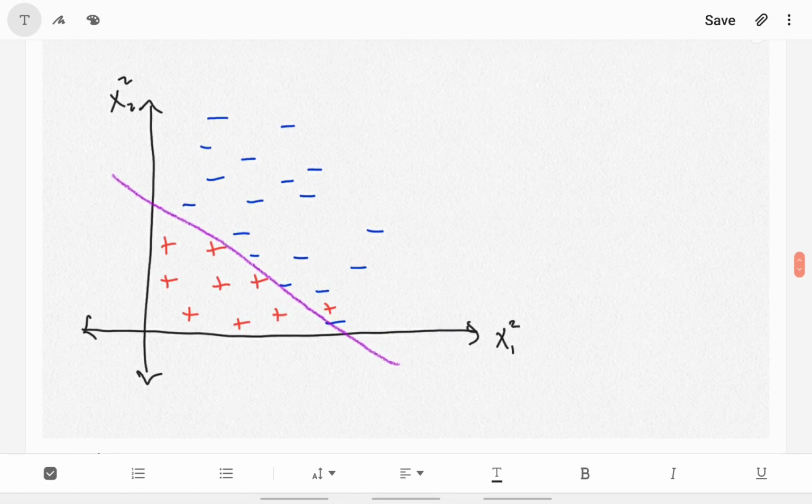Then our data would look like the following, with x1 squared on the x-axis and x2 squared on the y-axis. You know that x1 squared plus x2 squared is the distance from the origin squared. So if we wanted a decision boundary with our distance from the origin equal to a certain value, that would describe a circle in the original space, but it would just be a line in this high-dimensional embedding space.